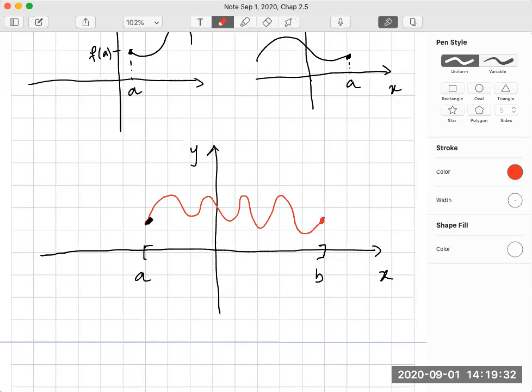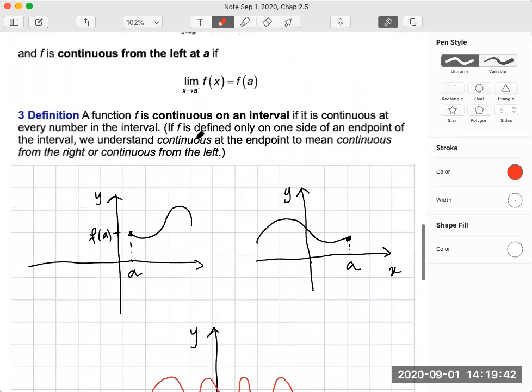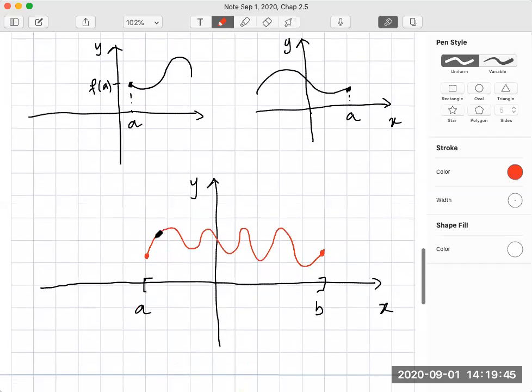And at the endpoints, at A, we should apply the right-hand limit, or continuous from the right. And here at the endpoint B, it is continuous on the left. So this is the definition of this.